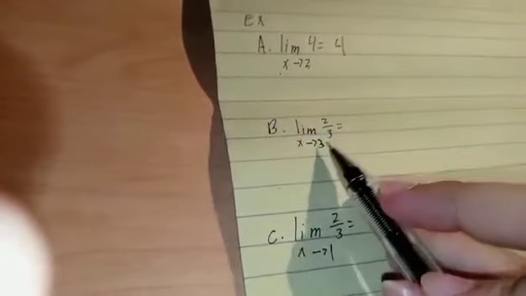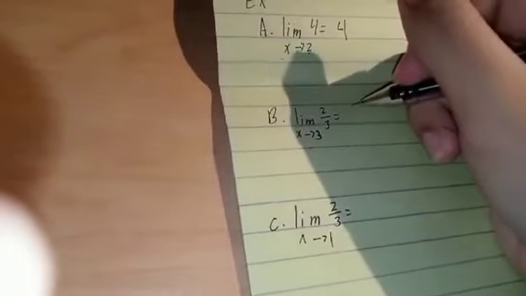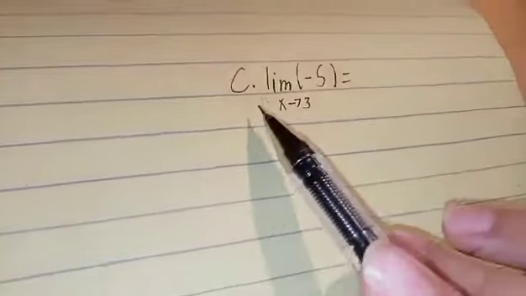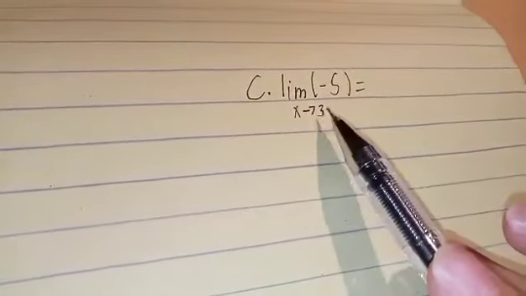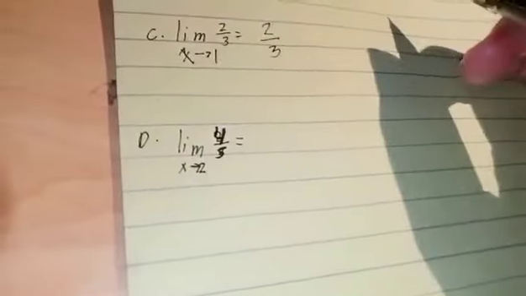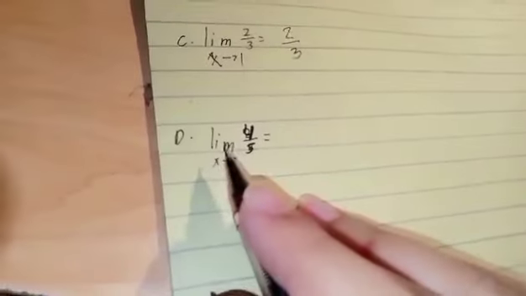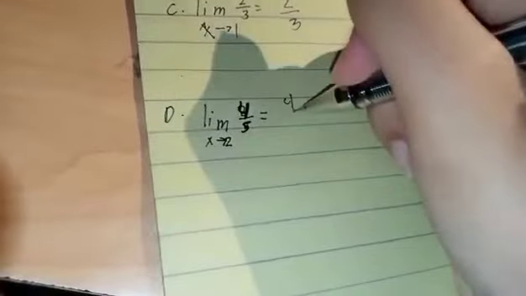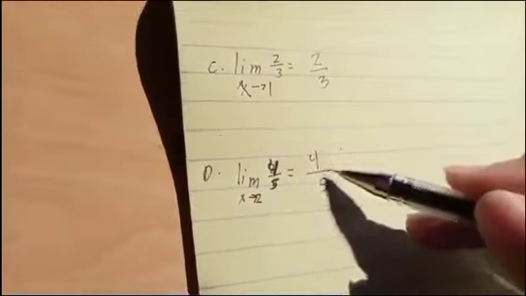The limit of 2 thirds as x approaches 3 is equal to 2 thirds. The limit of negative 5 as x approaches 3 is equal to negative 5. And the limit of 4 over 5 as x approaches 2 is equal to 4 over 5.